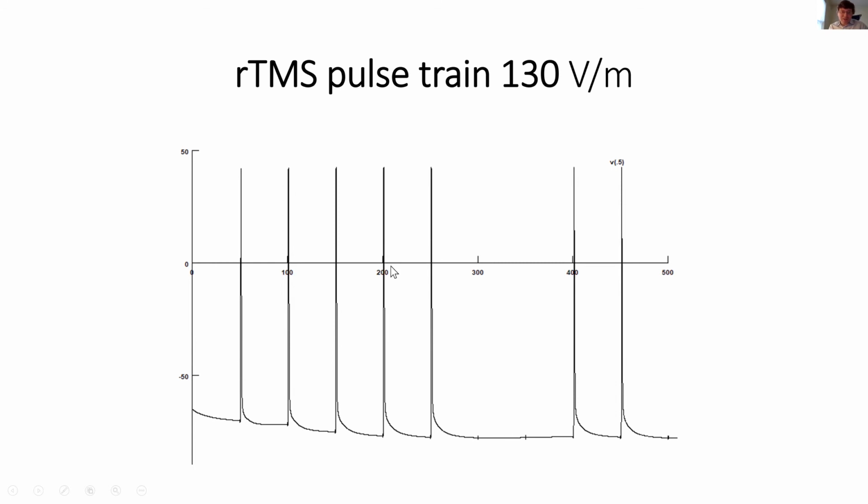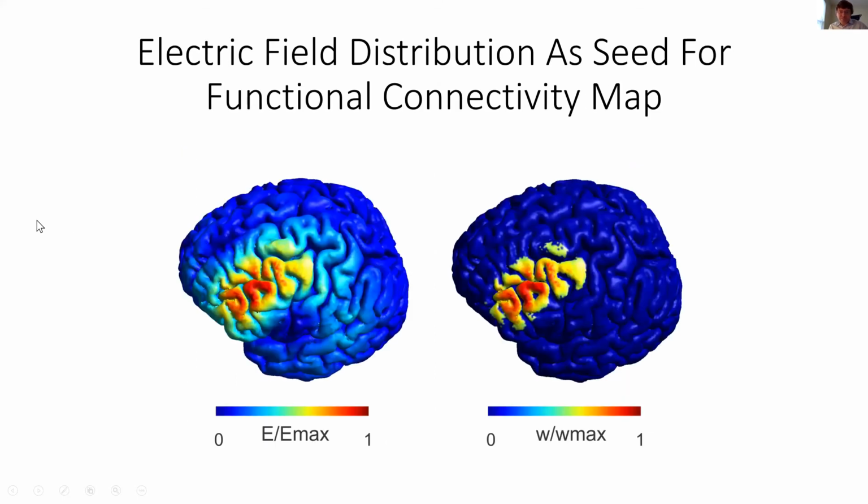We see that depending on the intensity, we don't always get an action potential initiated for every pulse, because there's a history of the previous pulse, and that can also influence the effectiveness of those protocols. So towards the end of the second day, we'll have some more outlines for those types of effects.